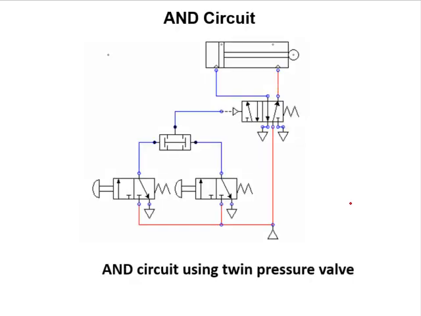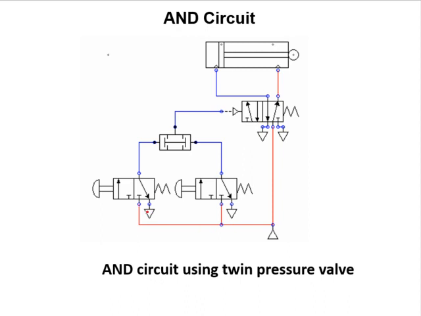Now we'll go through the AND circuit. As you can see here, this circuit has a compressed air supply connected to the FRL.